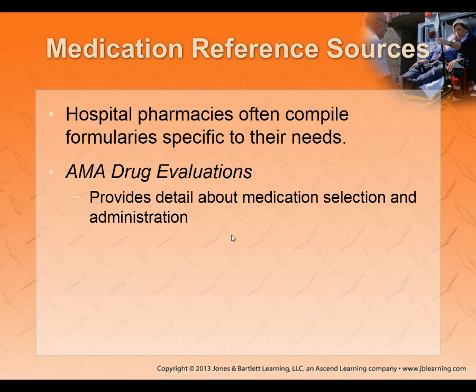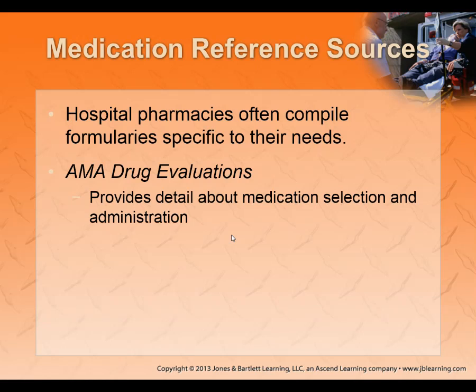Hospital pharmacies often have formularies too, so sometimes you can call the pharmacy. There are medications that are only given in a hospital as well. As an example, most clinics don't give morphine.